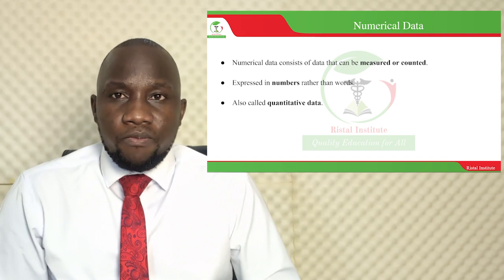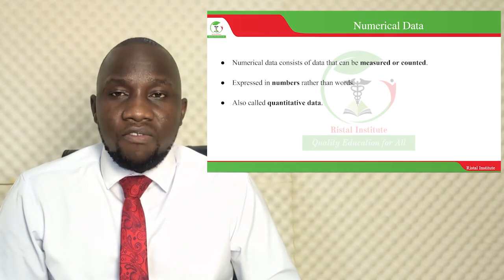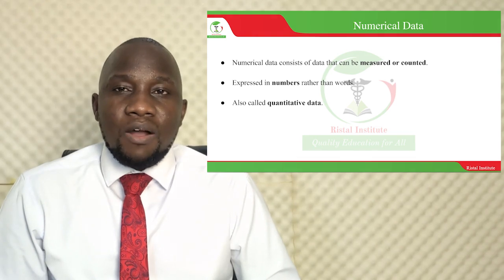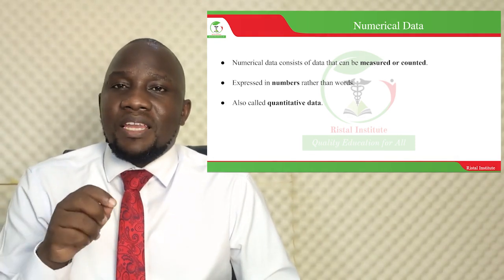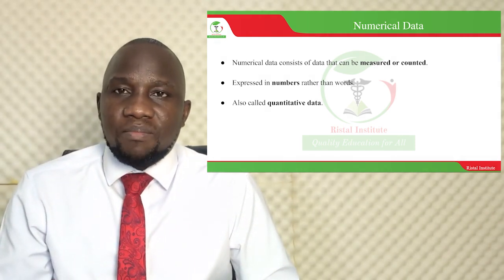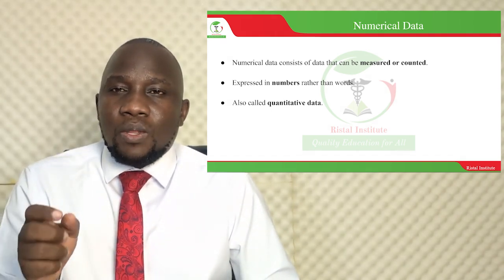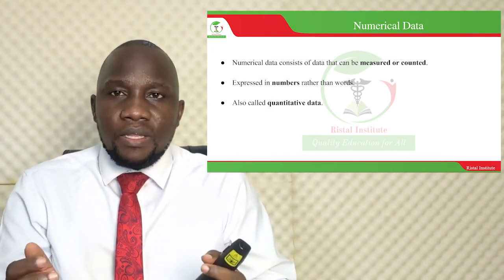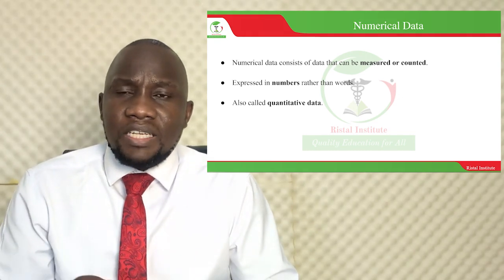If, for example, we are interested in the average score of students in a class, that means we have to assign marks to each student and then add those scores up and determine the average. That is the typical manipulation of data to get a single figure that will represent the rest.